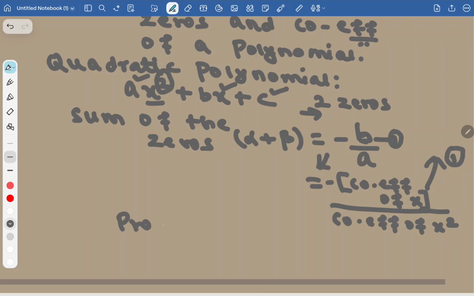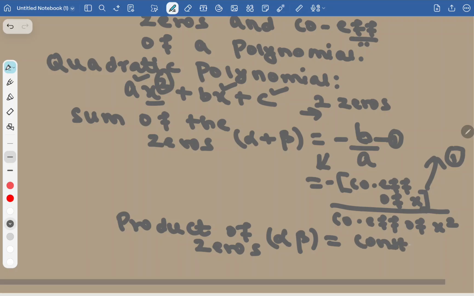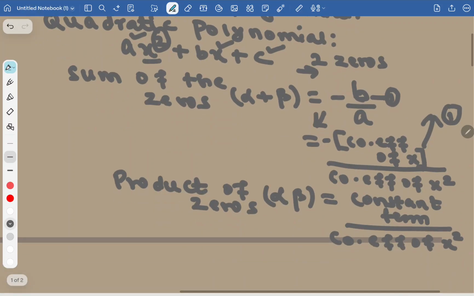Now the second relation, product of zeros. Product of zeros means alpha beta equals constant term divided by coefficient of x square.